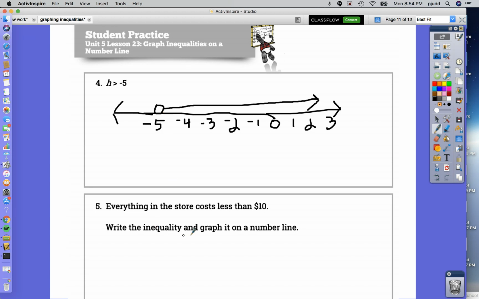Looking at number 5, everything in the store costs less than $10. So I'm going to put P for price, less than $10. Here's my number line.